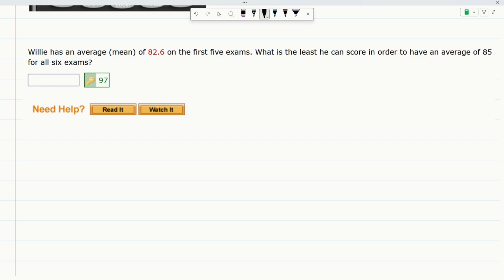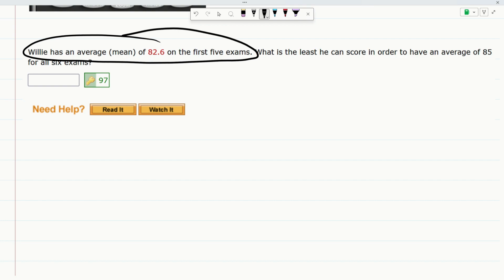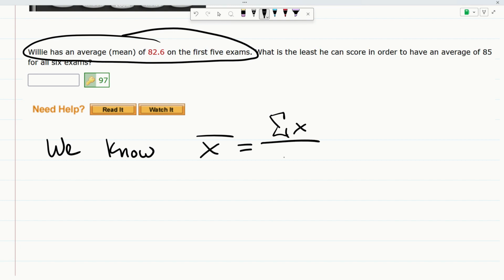But the first thing we need to figure out is this sentence right here. Willie has an average of 82.6 on the first 5 exams. All right. Now, here's what we know. We know the mean is equal to the summation of x over n, which means, in this case, x is going to be the test scores.